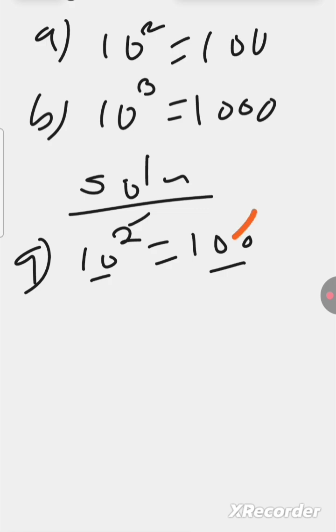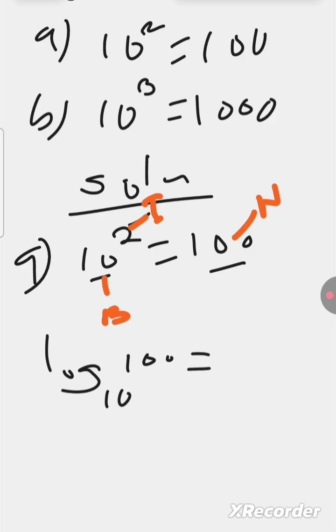Once you understand that, it is very simple to change this into logarithm notation. It is written as the logarithm to base 10 of our number, which is 100, is equal to the index, which is 2. And that is how we write that number in logarithm notation.